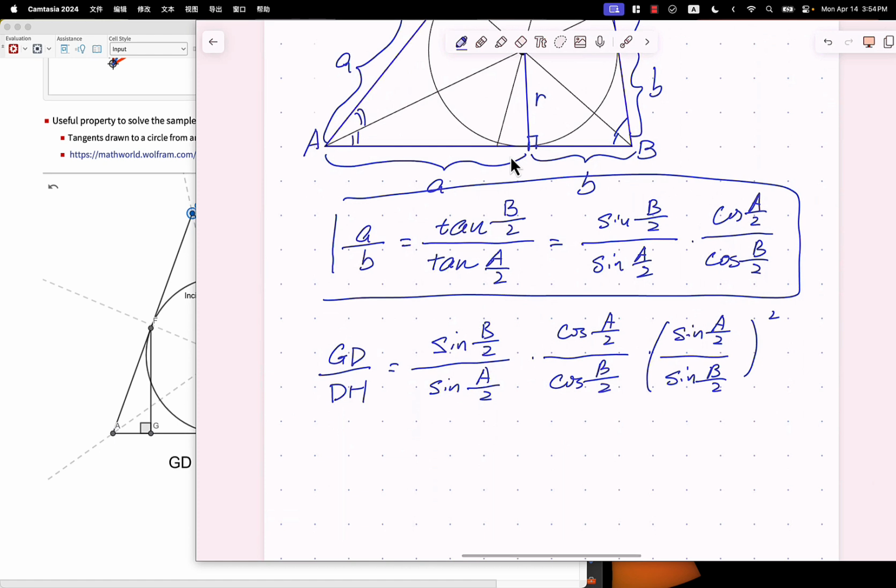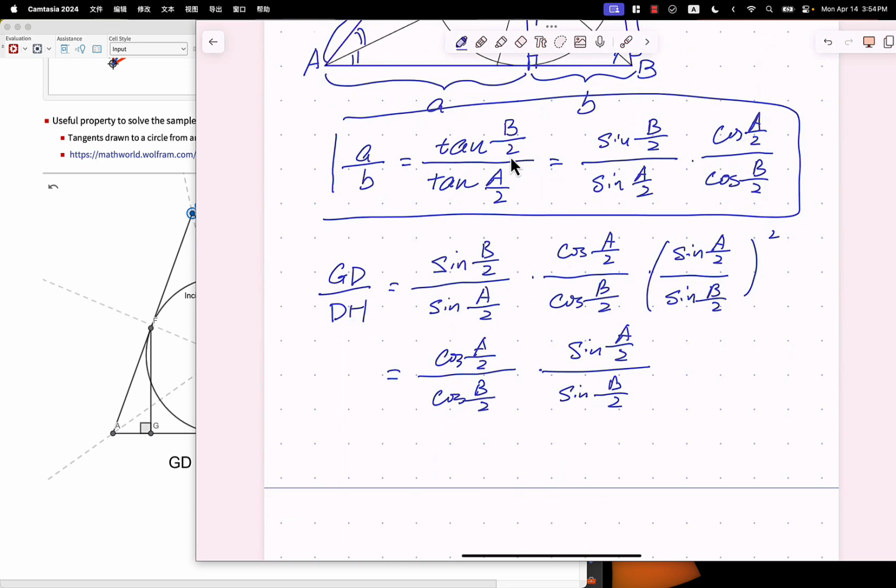If you look at this term and this term, we can perfectly cancel one term here, leaving times sine A over 2 over sine B over 2. All right.